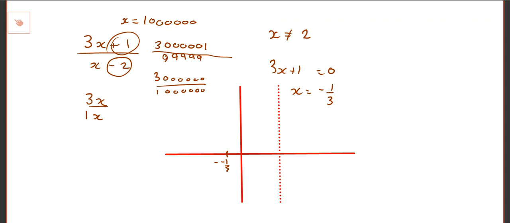Very, very close to it, but not quite yet. And isn't that the definition of an asymptote? If I added another 0, these numbers would become less and less significant. So it gets so close to 3 over 1, but never quite there. So you're right, the 3 is the other asymptote.